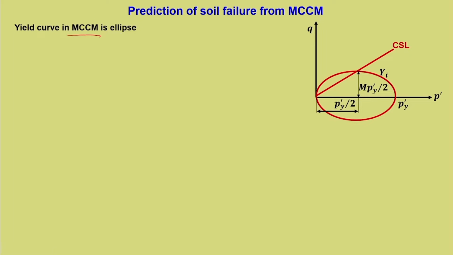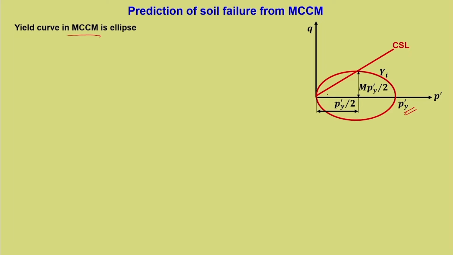So, just to refresh, the yield curve in the modified Cam-clay model is an ellipse. We will not go into the details of it, this has been discussed. We have the q-p' axis, the first yield curve is marked, the yield stress marked as p'y.